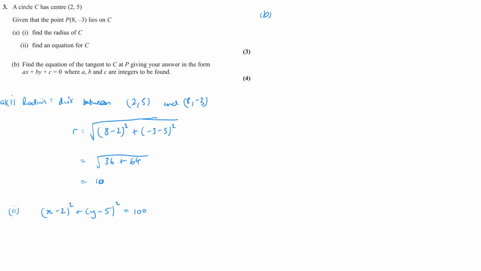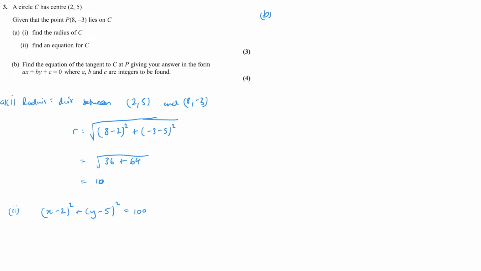Now part B. Find the equation of the tangent to C at P, giving your answer in the form ax plus by plus c. So there's two ways to, well, one real way to do it, but two ways to find the gradient. So the gradient is what we need first, and we can find it two different ways.